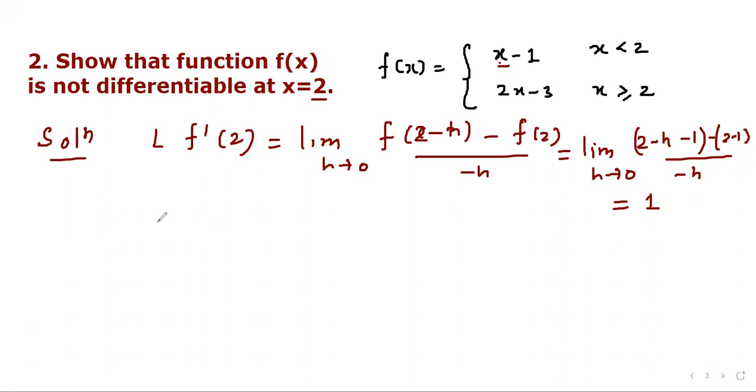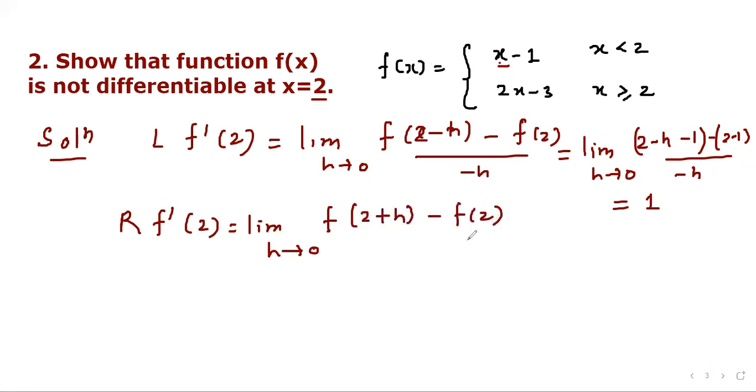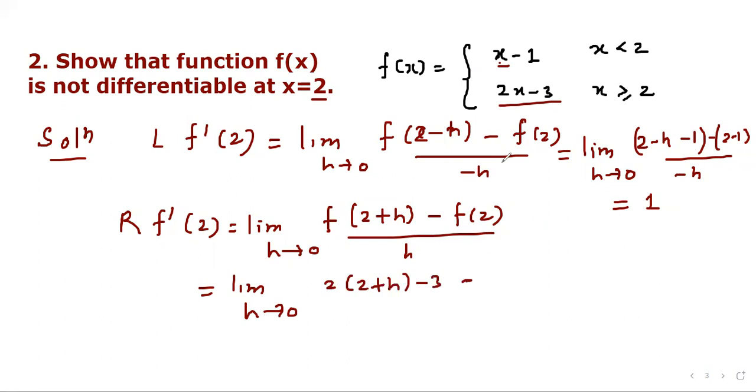Now consider the right hand derivative R f dash 2, that is limit h tends to 0 of f(2 plus h) minus f(2) divided by h. This time we have to consider this function. So it will become limit h tends to 0, and in place of x we are going to put 2 plus h. So twice of 2 plus h minus 3 minus, it will become 4 minus 3, whole divided by h.